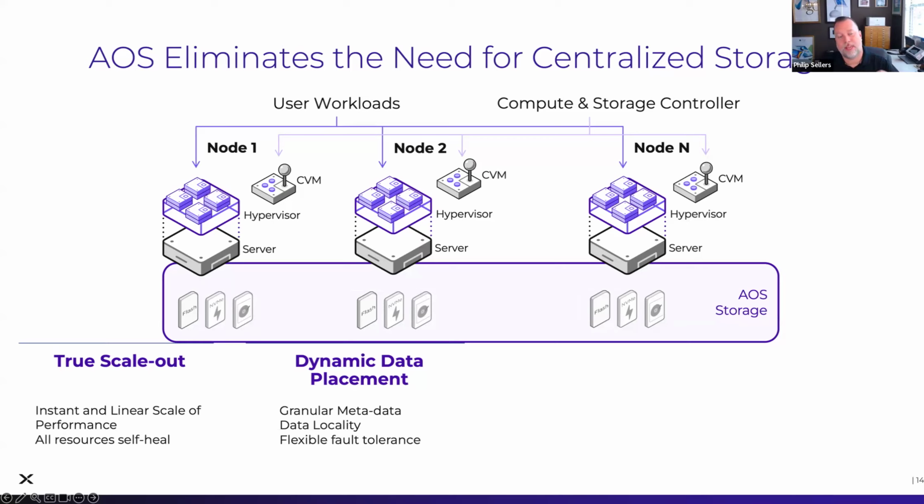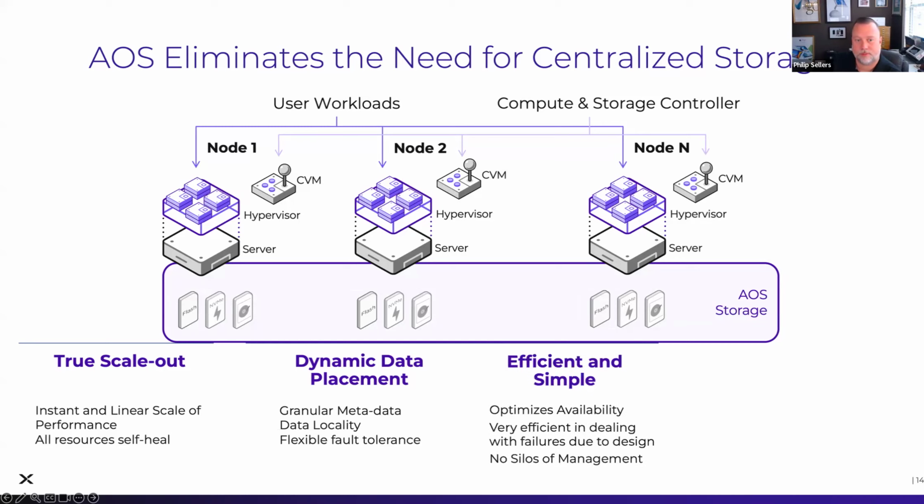Once you create that storage container inside of Nutanix, it's going to have certain things turned on or turned off. You can assign that to any VM that needs those settings. Also, data locality. One of the pieces of secret sauce here inside of Nutanix is data locality. We'll look at that in depth in just a few minutes.